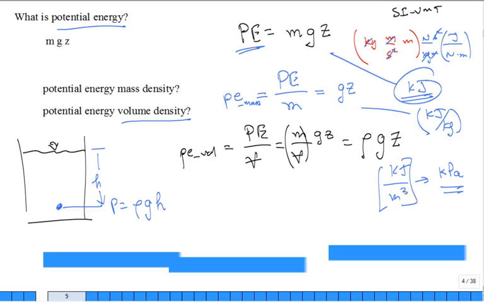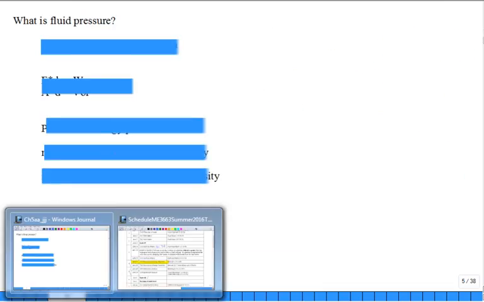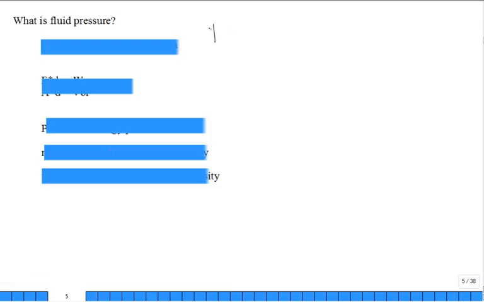Okay. Ready to go to the hard one? What is pressure? First answer, what comes to your mind? Somebody says it's force per unit area. So pressure is equal to the normal force acting on any imaginary or real surface, per unit area of that surface.